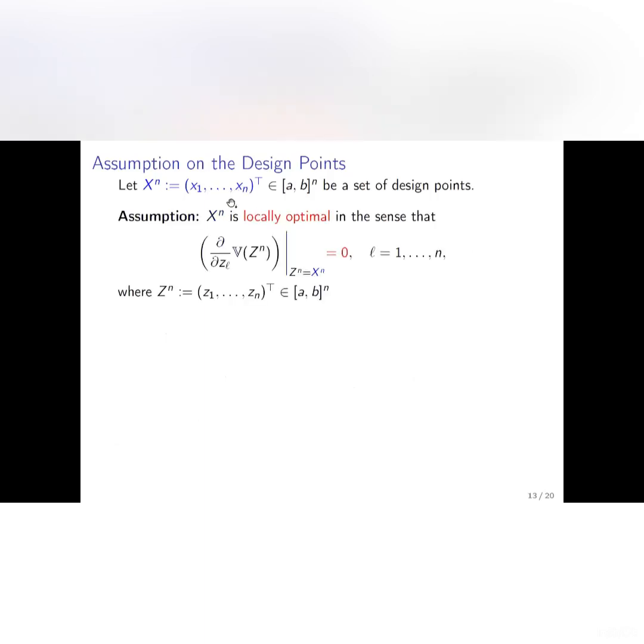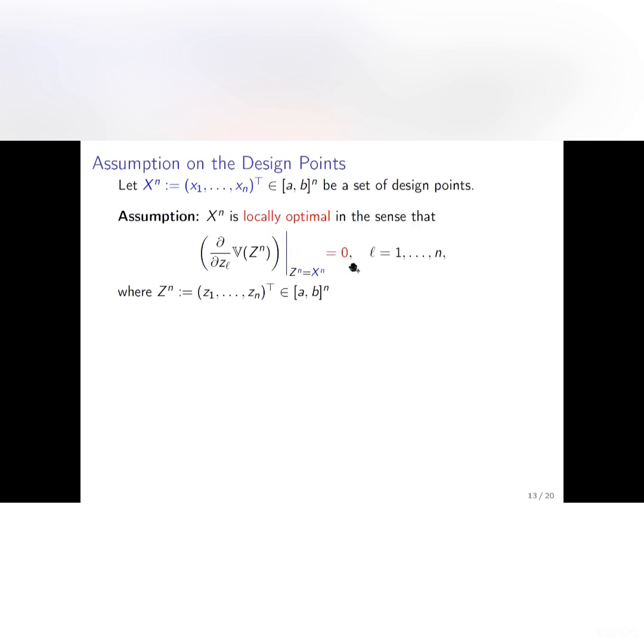And we also need an assumption on the design points. By x_n, I mean the set of n design points, and this is a vector. We assume that x_n here is locally optimal in the sense that we consider the partial derivative of this function V(z_n), insert these design points here, and we assume that this is 0.